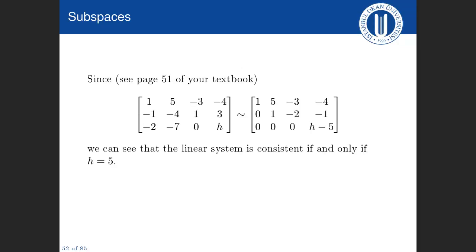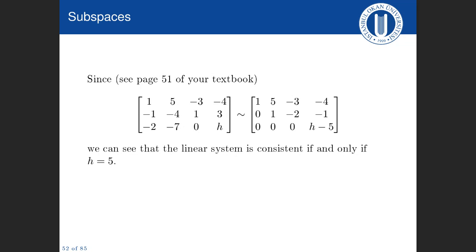If we write down the augmented matrix for this linear system, and then if we check page 51 of your textbook, this is row equivalent to this new row reduced augmented matrix. And then we can see that the linear system is consistent if and only if h is equal to 5.